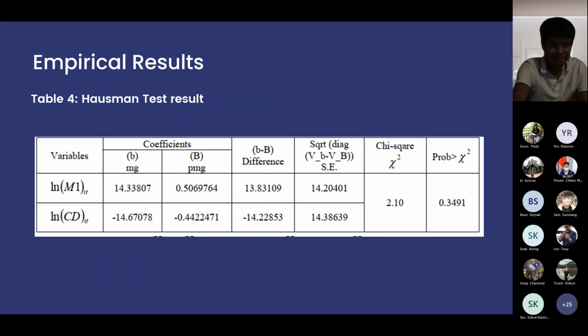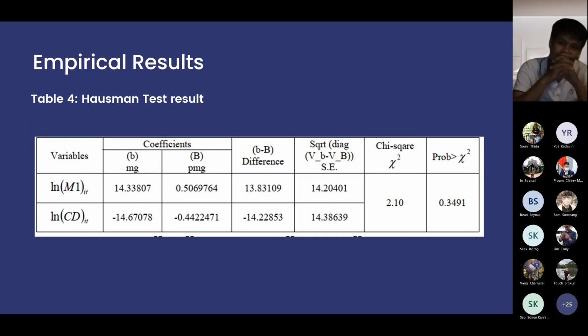This table is the result of the Hausman test. The Hausman test was used to select the most appropriate model to estimate the relationship between money supply and economic growth within the selected ASEAN countries.